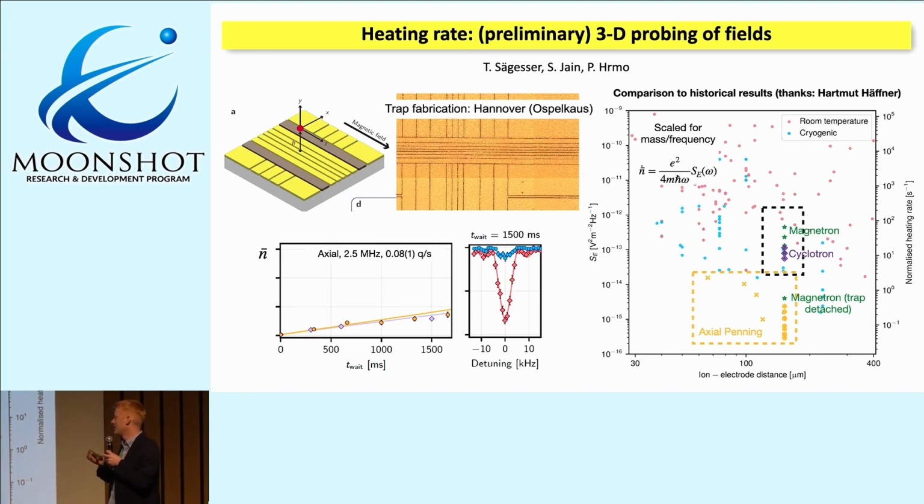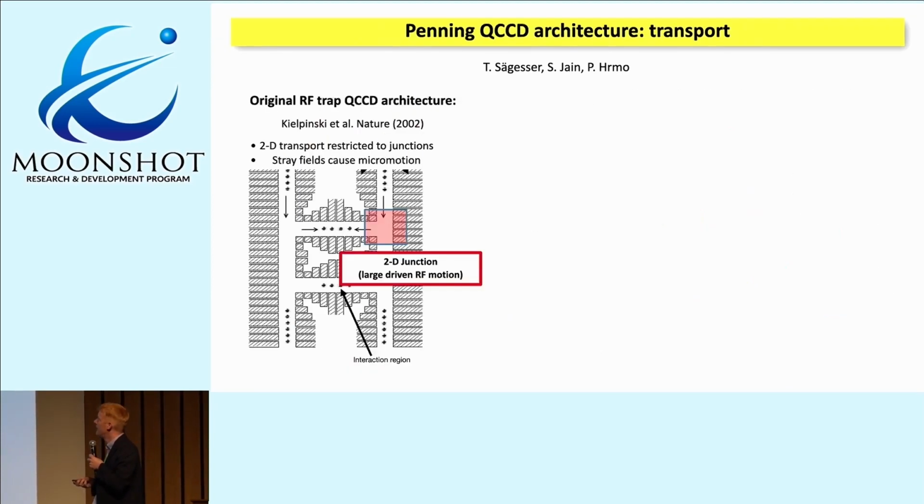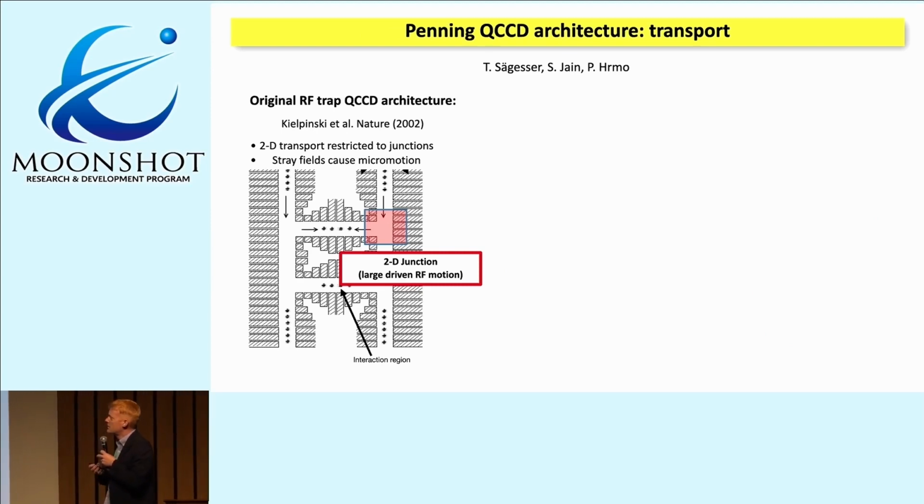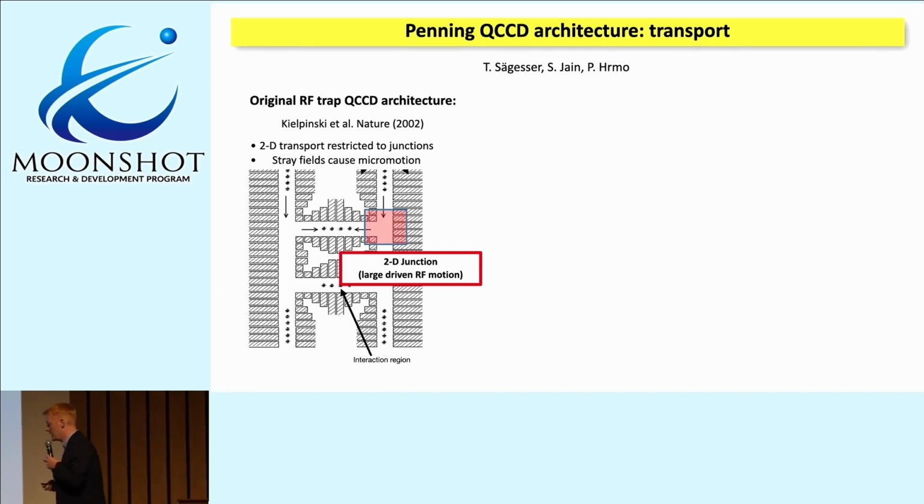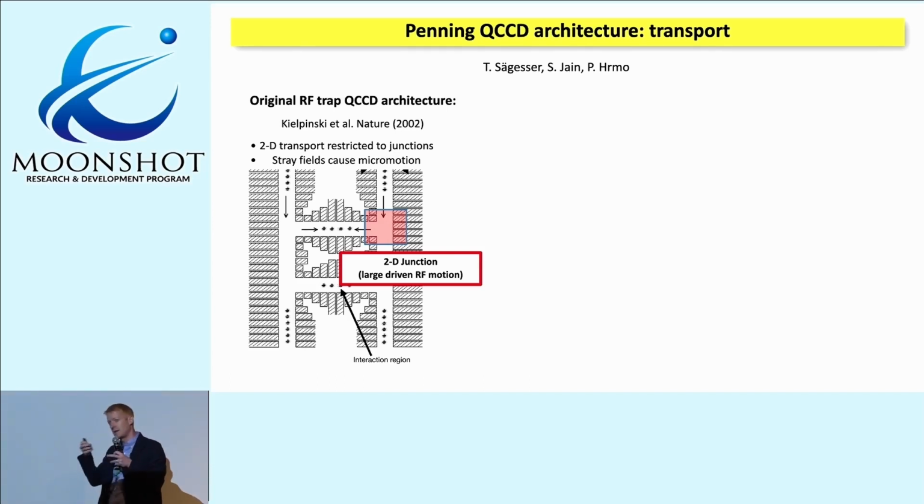It's kind of novel. It allows us also to think about these things as sensors of electric fields on surfaces and things like that, which I think is very nice. So now we think about another architecture for doing quantum computing in a sense, which generalizes, I think, the original CCD. So the original CCD, as I said, was all based on shuttling these ions around. In particular, one of the problems is you always have to go through these junctions where there's a lot of micromotion.